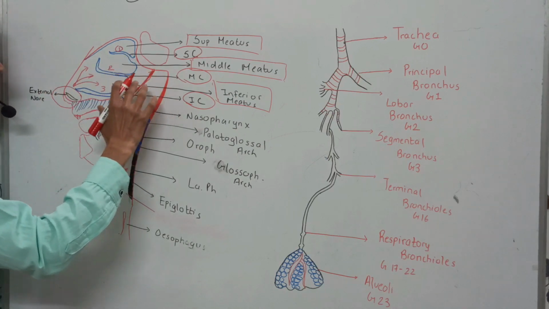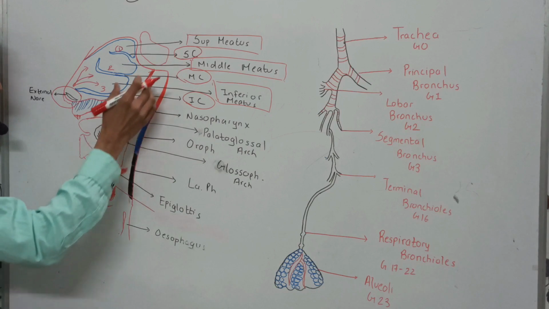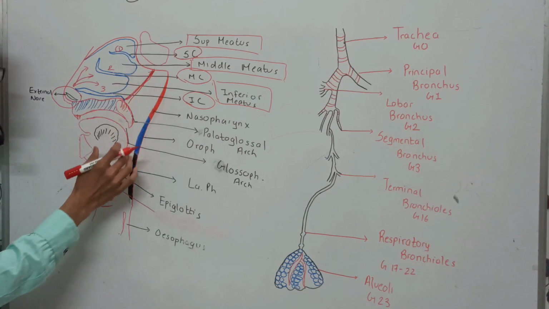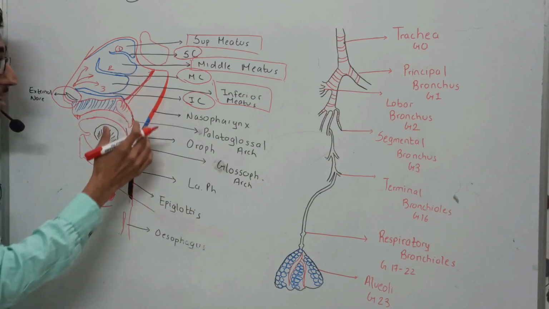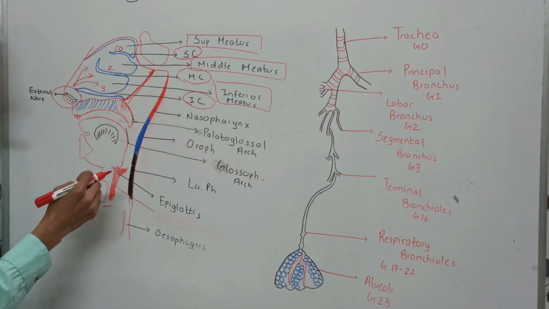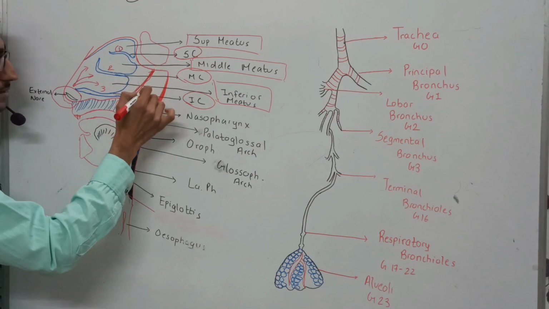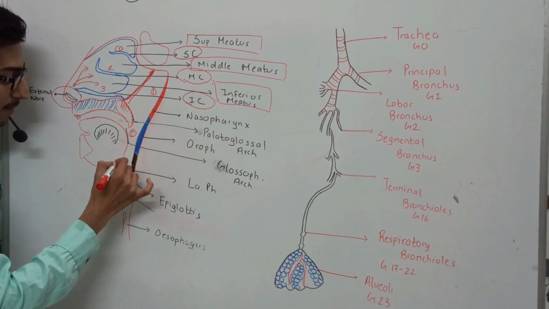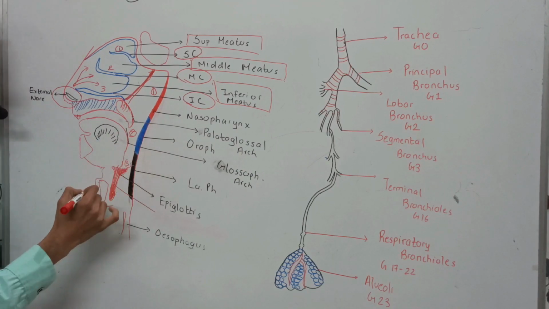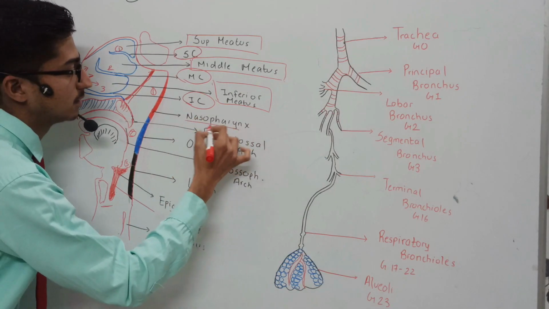So from the internal nares, air moves to an important structure, that is the pharynx. Now let us understand this pharynx in detail. Pharynx is divided into three portions. This red one is the first one, blue one is second, and the black one is third. Their names are nasopharynx.